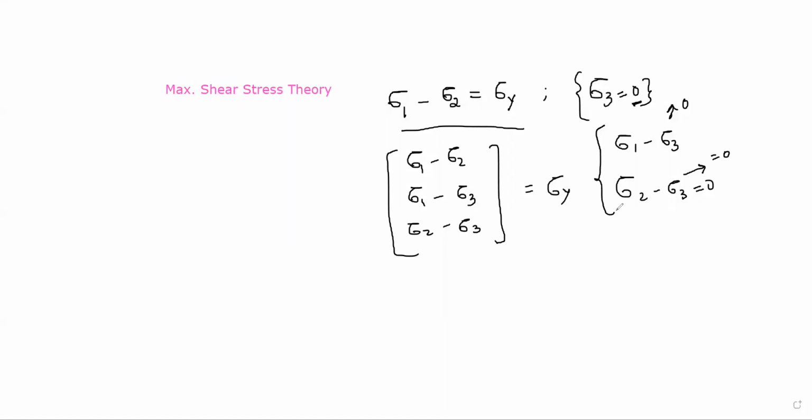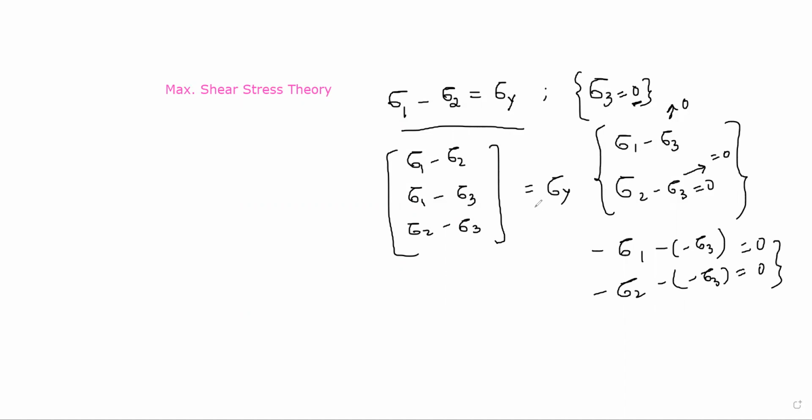So we have to take care of these points as well. Fine. We also know that in case of compression, minus sigma 1 minus sigma 3 should not be equal to sigma y as well. And minus sigma 2 minus sigma 3 in case of compression should not be equal to sigma y as well. So we have to take care of all these points.